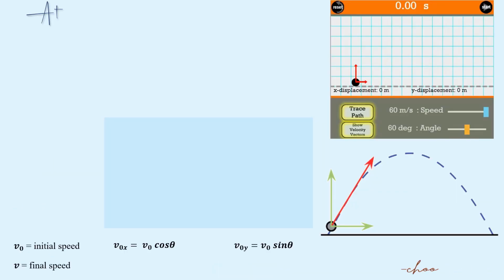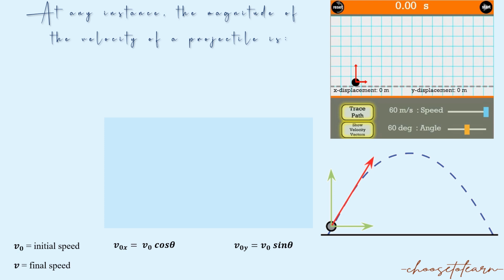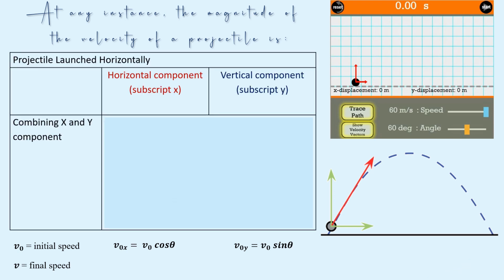This time, we are to combine the horizontal component of velocity and the vertical component of velocity. Earlier, we analyzed the horizontal component of velocity, in which we are referring to this portion. And we also analyzed the vertical component of velocity, in which we are referring to this portion.